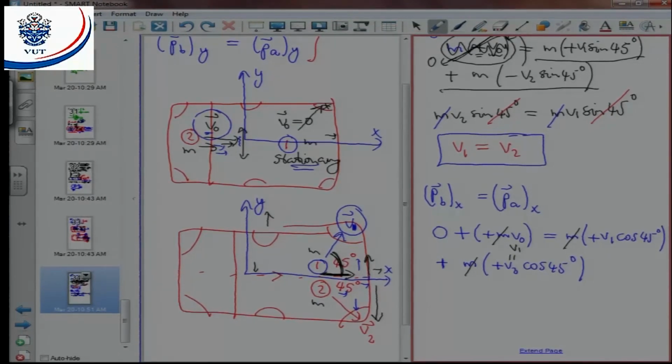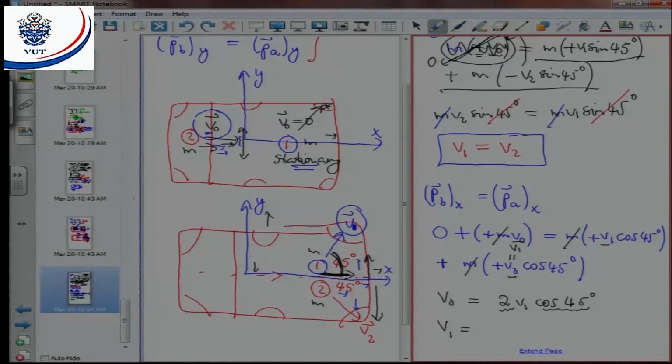What we learn is on the left hand side we just have v naught equals, and then here it's v1, and this is also v1, so it's the same term twice, so I just get twice v1 times cos 45. So in the end our solution is v1 equals, I have to divide by 2 and the cos 45.